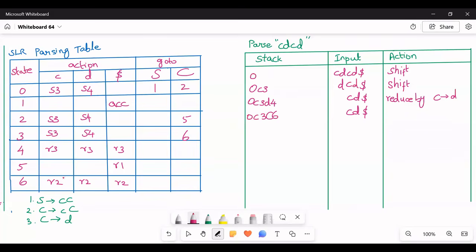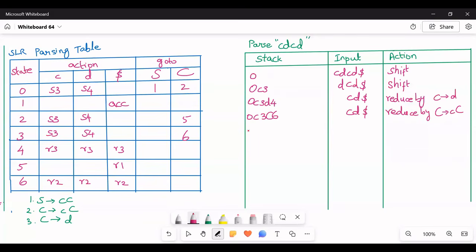6 and C will be reduced by production number 2, which is capital C tends to small c capital C. Here the length of the right hand side is 2 symbols, so multiplied by 2 means 4.